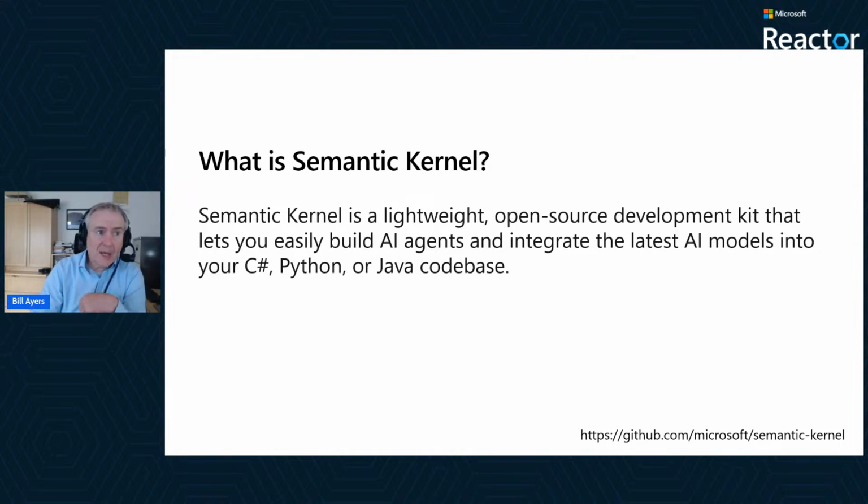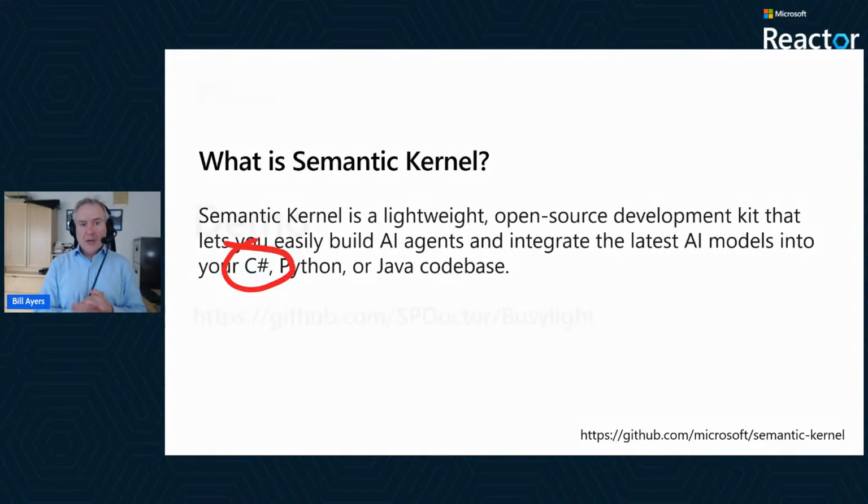Semantic Kernel is available as an SDK in C# and also in Python and Java, not JavaScript, Java. But today we're going to use C# and .NET. So if you're from a .NET development background, this should look somewhat familiar to you.